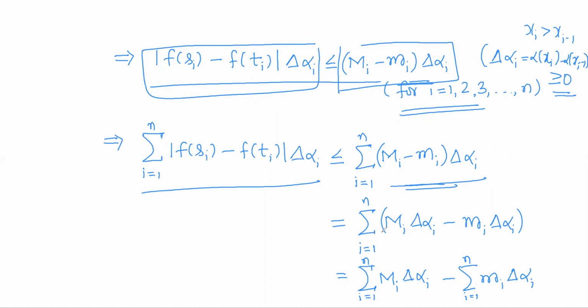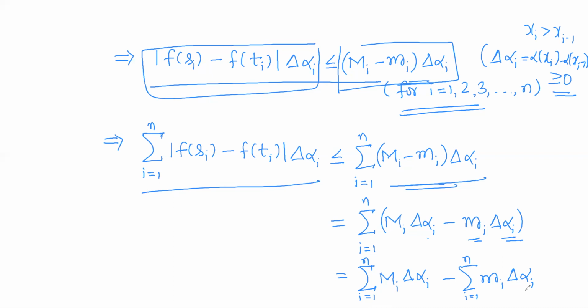Next, on the right hand side, we shall simplify it. Multiply delta alpha inside, it will be capital Mi into delta alpha minus small mi into delta alpha. Split the summation with respect to the two terms: summation capital Mi into delta alpha i minus summation small mi into delta alpha i.